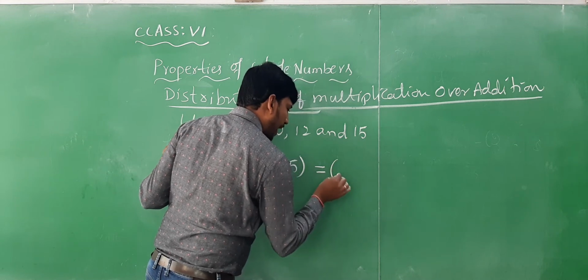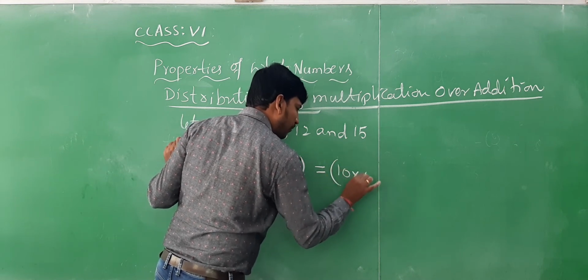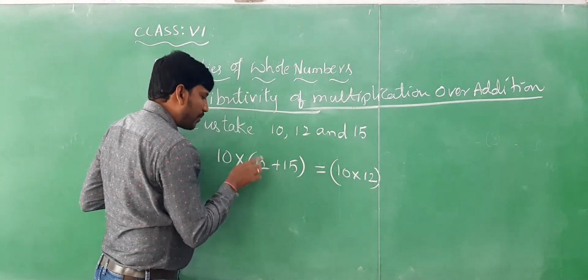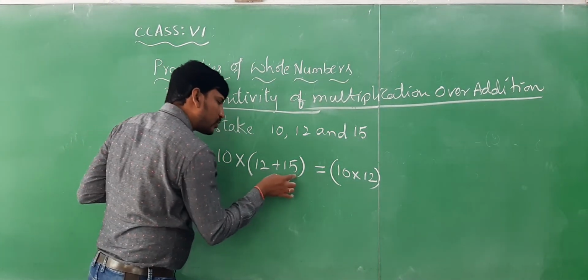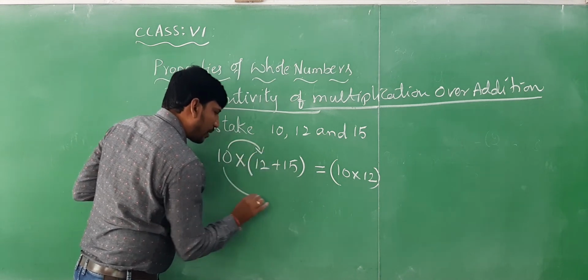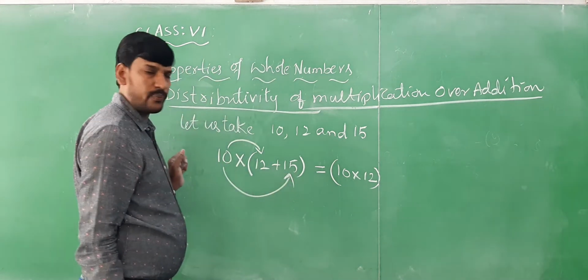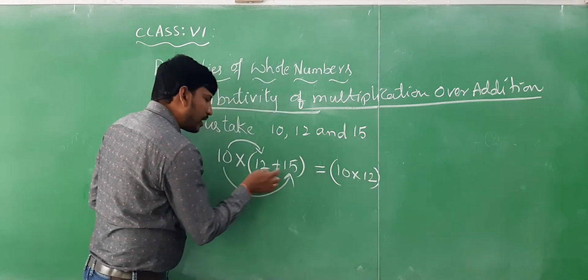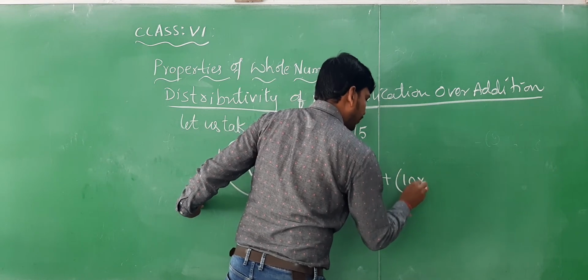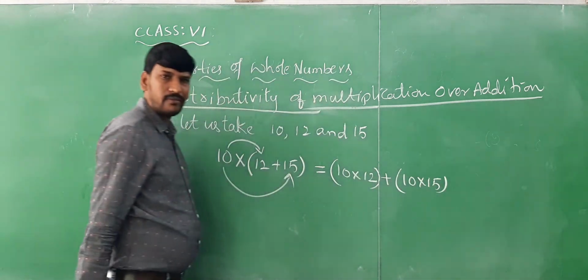So see, bracket 10 into 12. Clear? So I am distributing this 10 to these two values. That is, 10 I am distributing to 12, as well as 10 I am distributing to 15 also. So in between these two we have a plus sign. 10 into 15. Clear?